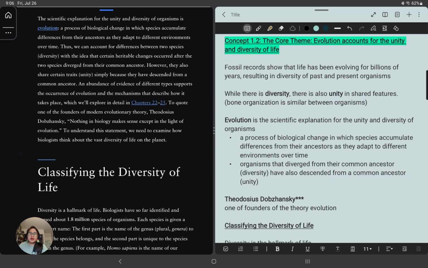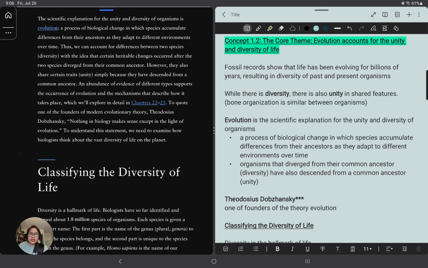Okay, so in my notes here I wrote that fossil records show that life has been evolving for billions of years, resulting in diversity of past and present organisms. While there is diversity, there is also unity and shared features. Bone organization is similar between organisms.